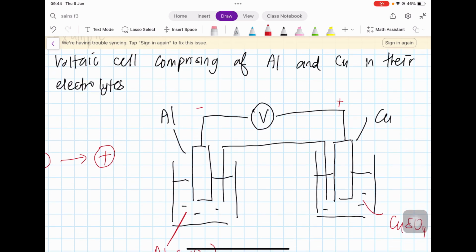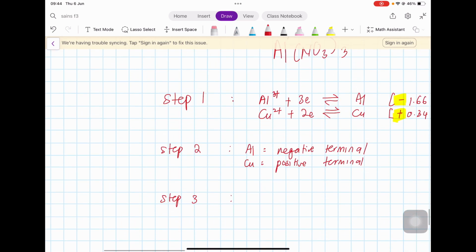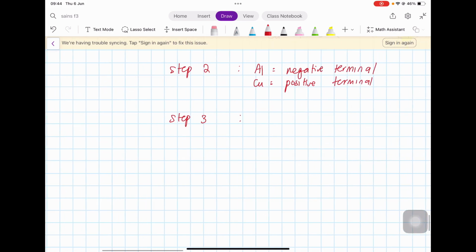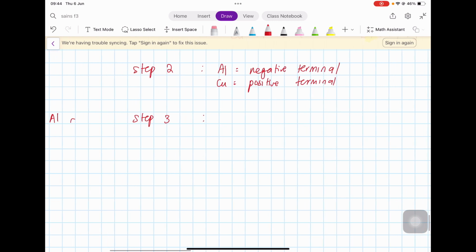Now our electrons move like this. So who will donate and who will receive? Obviously aluminium will donate. You can do a mental note: aluminium donate, and then copper receive.